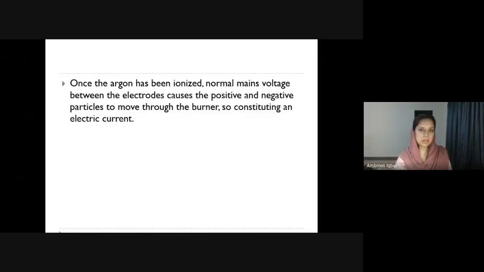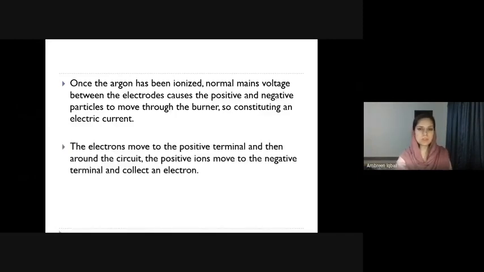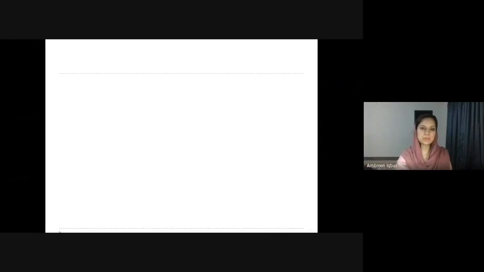Once the argon has ionized, meaning you have applied the potential difference and a few molecules have been ionized, the normal mains voltage between the electrodes causes the positive and negative particles to move through the burner, constituting an electrical current. The electrons move towards the positive terminal and then around the circuit, and the positive ions move towards the negative terminal and collect an electron.